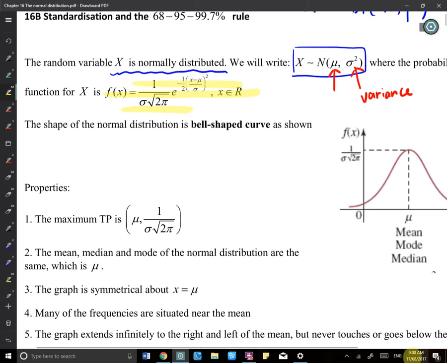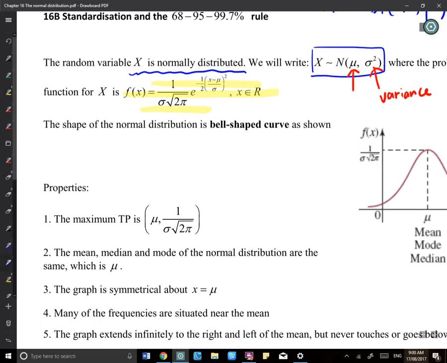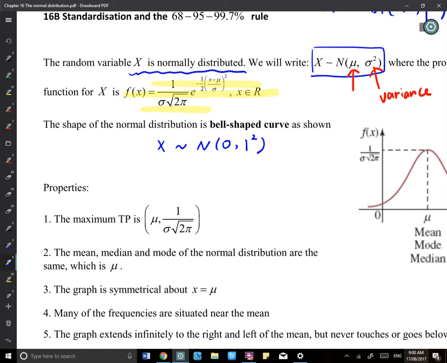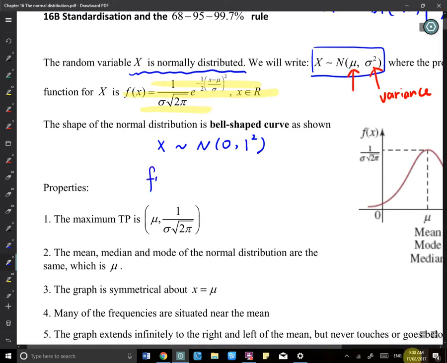So if you have x normally distributed by 0 and 1 squared, this notation means your x is a normal distribution with mean 0 and standard deviation 1. What will the density function look like? It will look like 1 over sigma, and sigma is 1, so it is 1 over the square root of 2 pi.